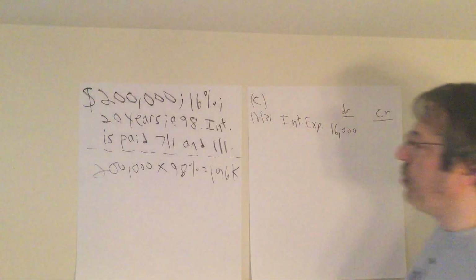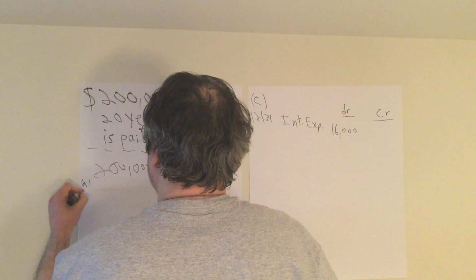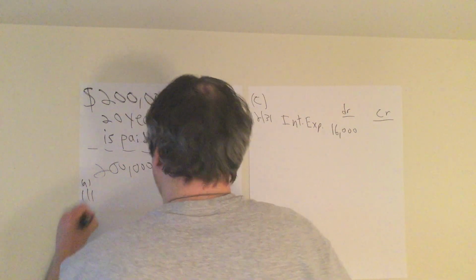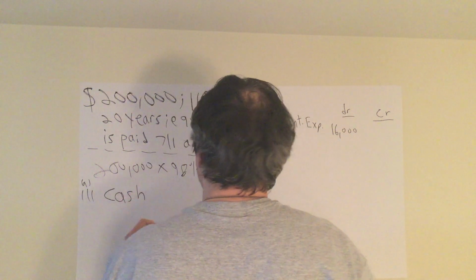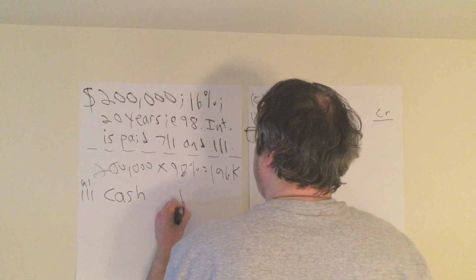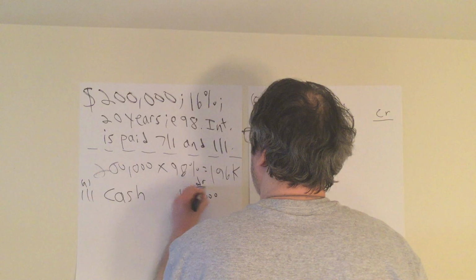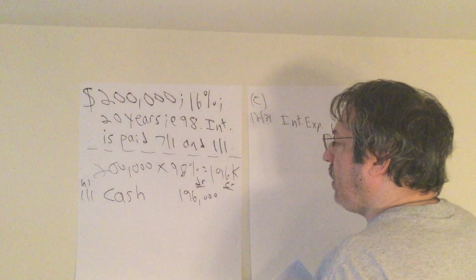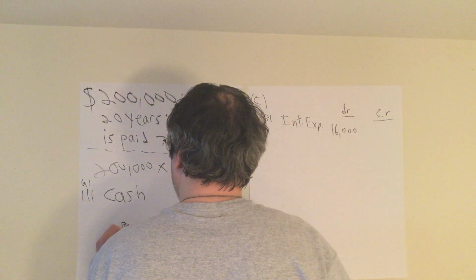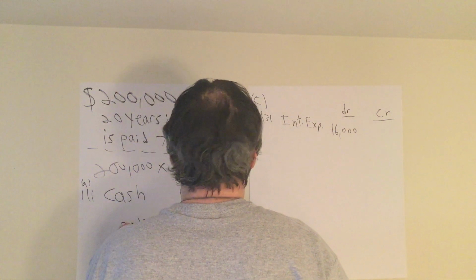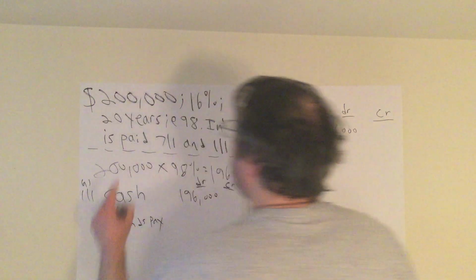So the entry to record the issuance of the bond, which is going to be part A, it's on January 1st. So we're going to have cash of 196,000. And we're going to have bonds payable $200,000.